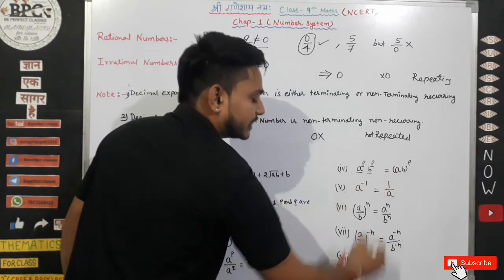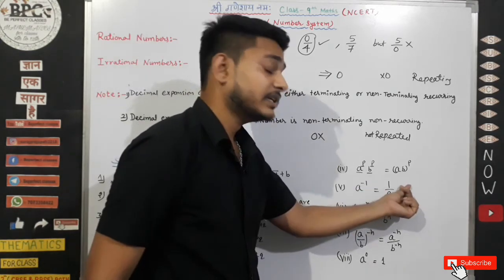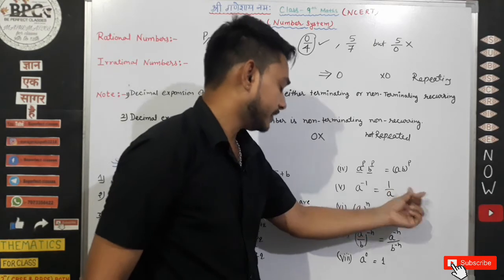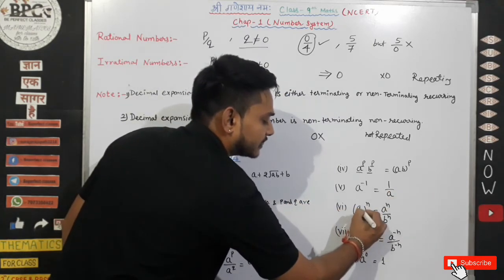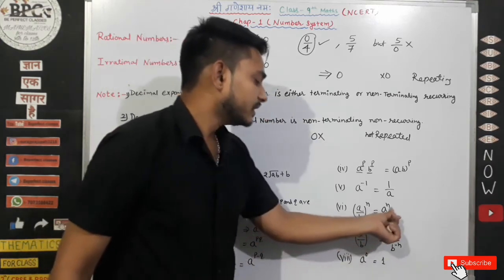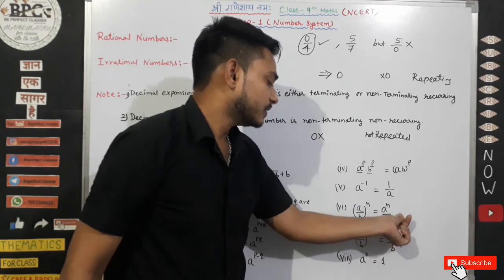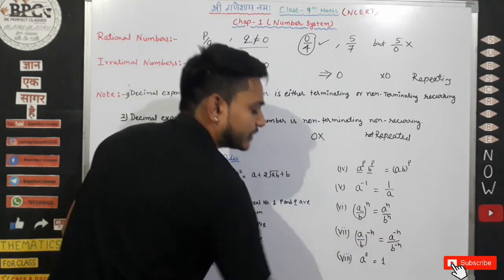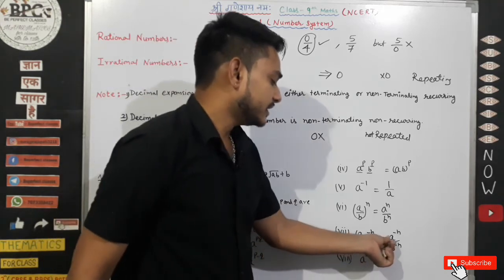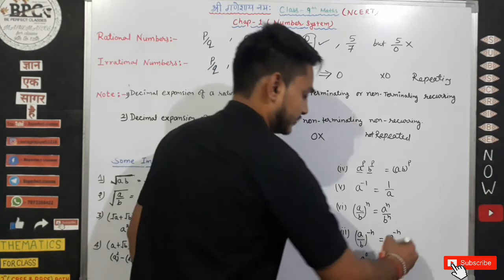So we can write it in the form a raised to power minus 1. So if the power is negative, then we can write it in the form of 1 upon a. Here a upon b whole power n. So we can separate these powers, a power n and b raised to power n. a upon b raised to power minus n. So we can write it as a to the power minus n and b to the power minus n.